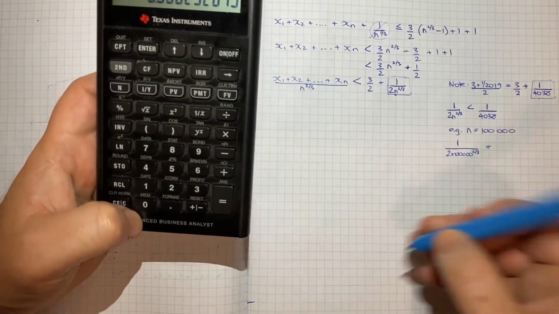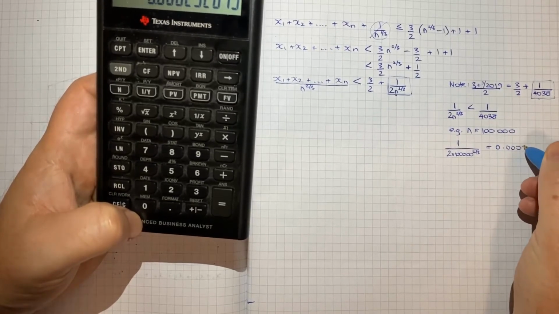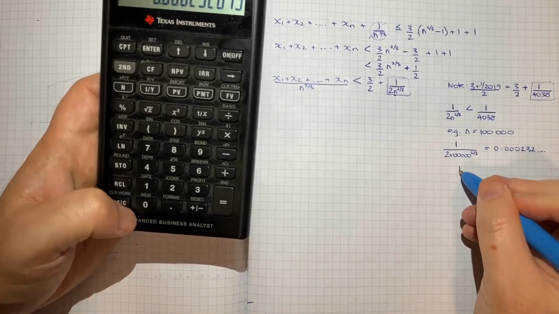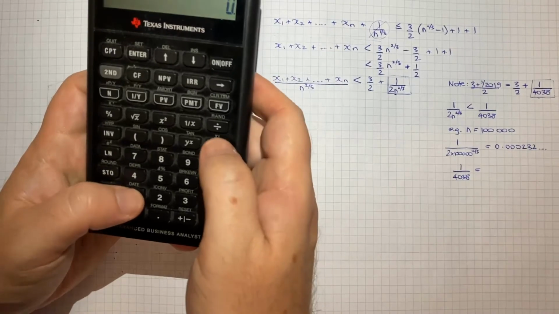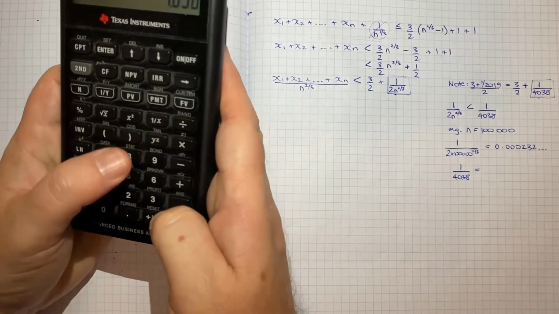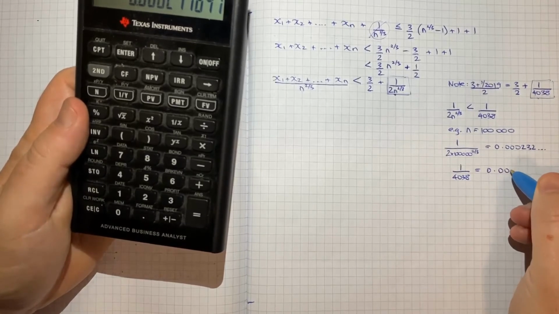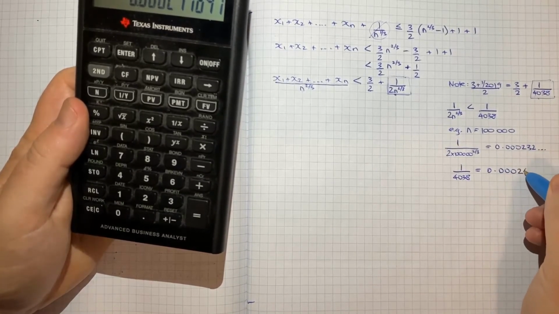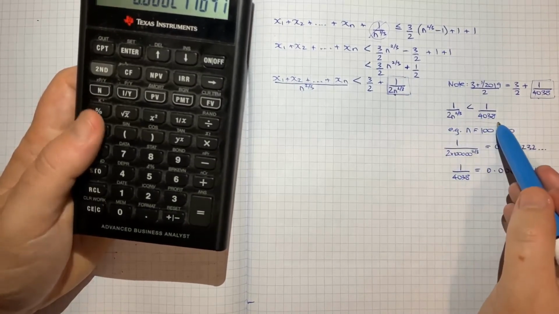So what I get there is 0.000232, and then the 1 on 4038, calculated it before, I'll just do it again, 1 divided by 4038 is 0.002476, so on. So this inequality is true.